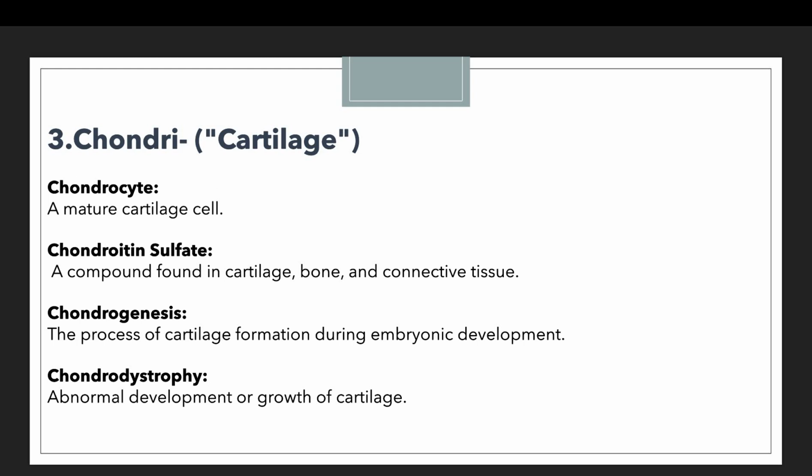So chondrogenesis is a medical terminology which is started with the prefix chondro. Okay, fine. Then we have the next and last example for this prefix, which is chondrodystrophy. Now what is chondrodystrophy? Abnormal development or growth of the cartilage.